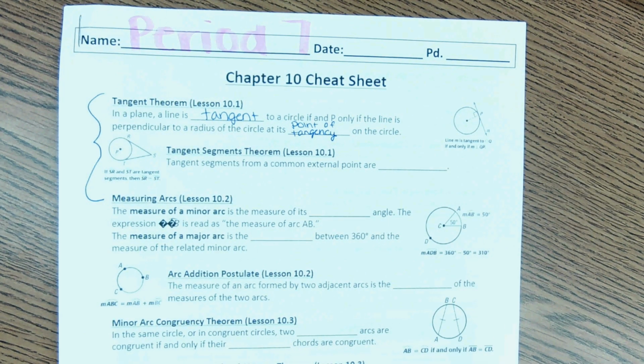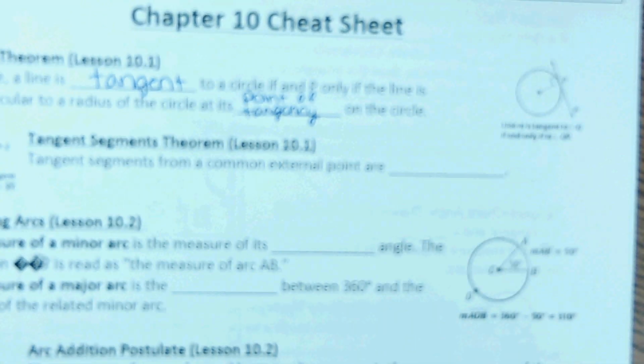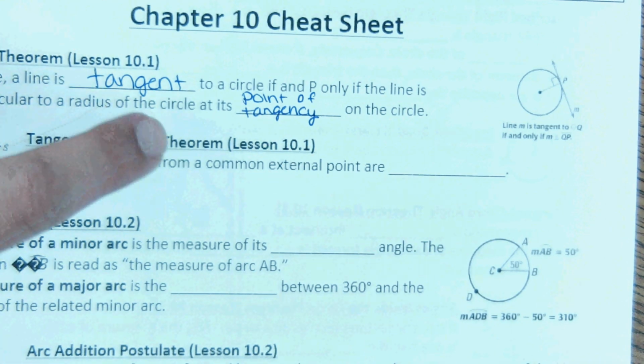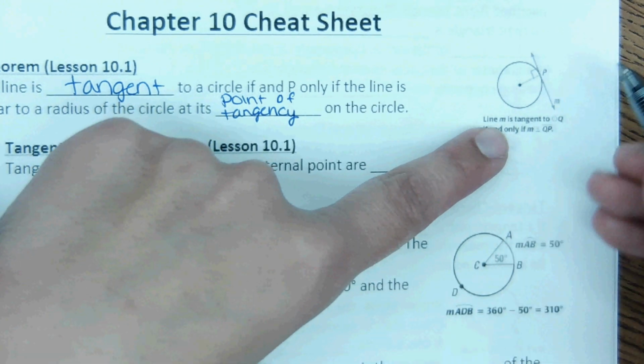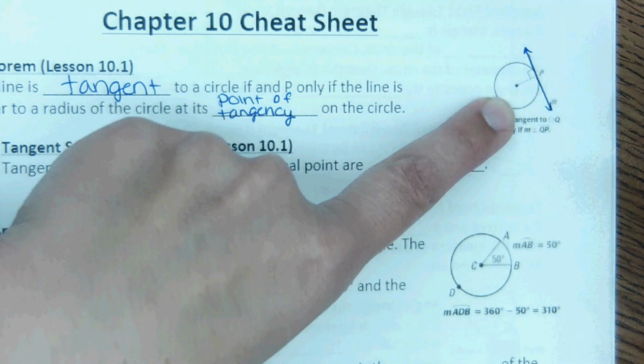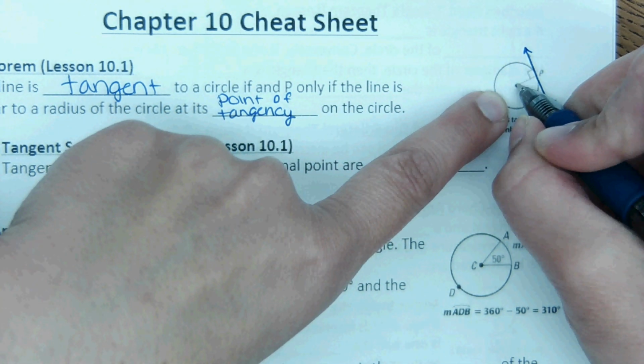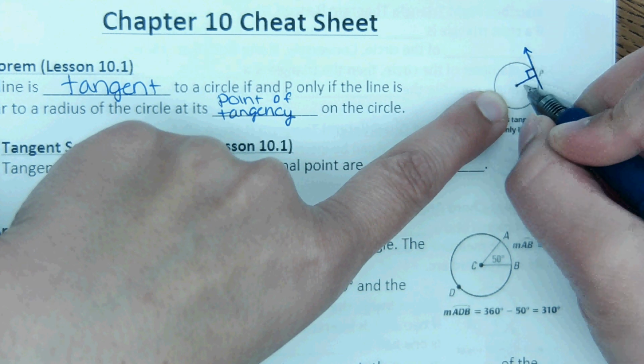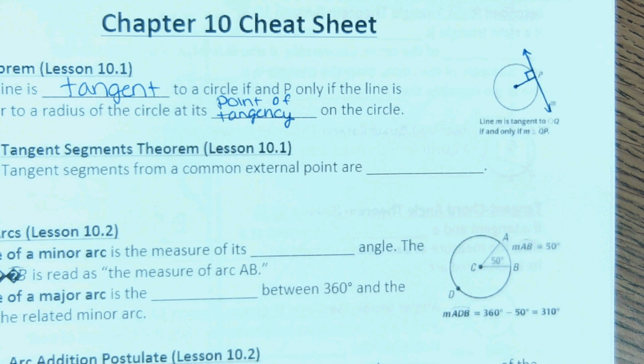I don't know. Okay, this right here is shown right here. This would be the tangent line. And what they're saying is if you have a tangent line, it would be perpendicular to this radius here. So it makes a 90-degree angle.